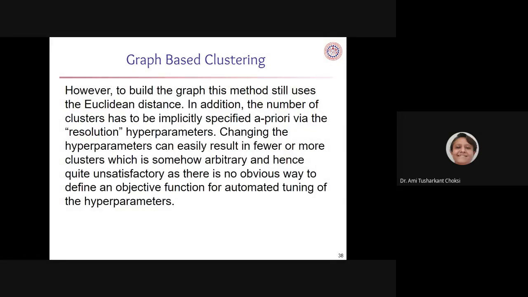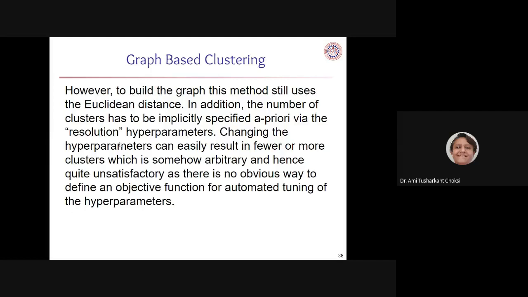However, to build a graph, this method still uses the Euclidean distance. In addition, the number of clusters has to be implicitly specified a priori via the resolution hyperparameters.